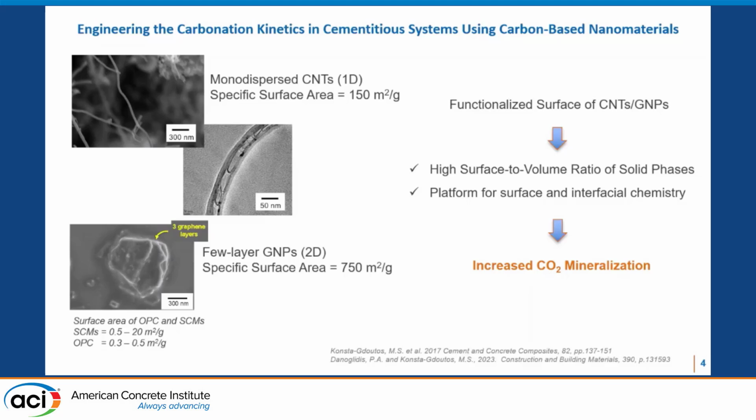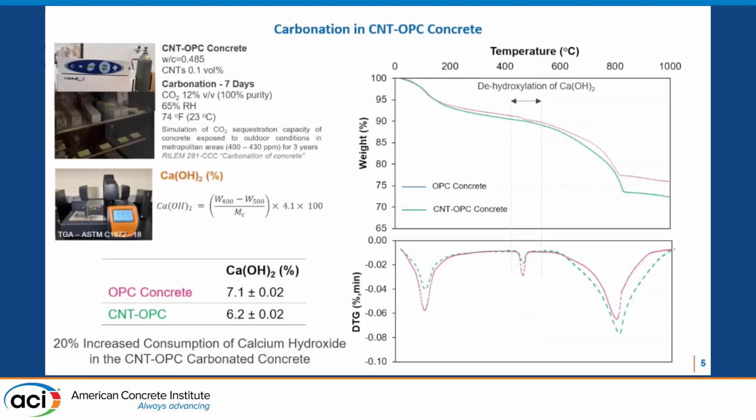Comparing with the surface area of the Portland cement and the supplementary cementitious materials, you can imagine how the proper use of nanomaterials inside the cementitious matrix can alter the nanostructure and have a significant effect on the acceleration of carbonation kinetics in almost any cementitious system.